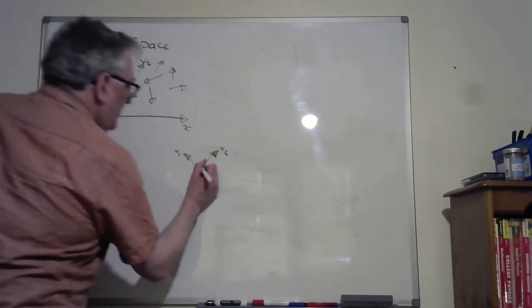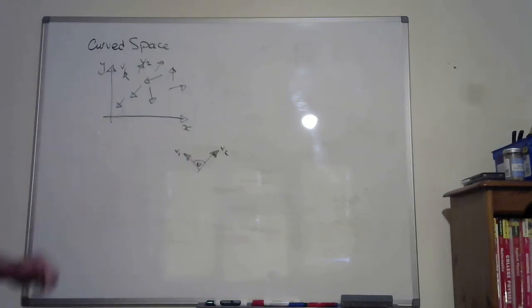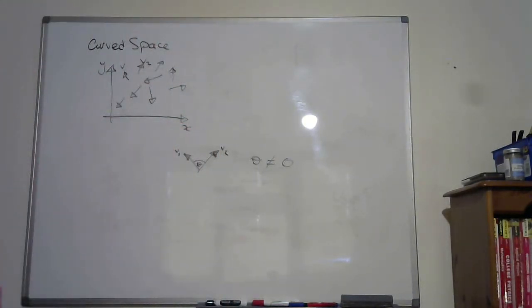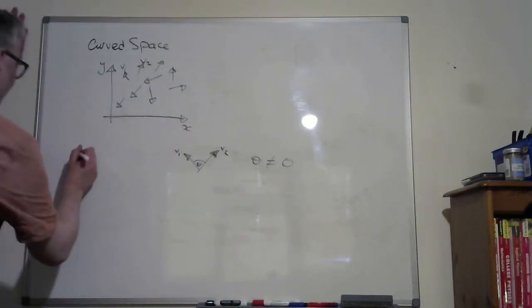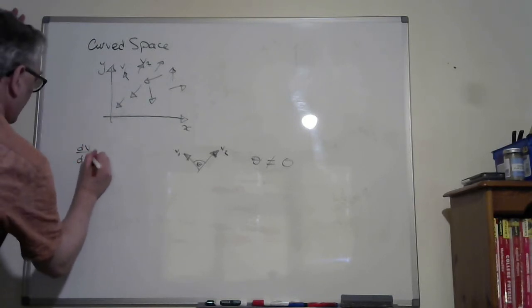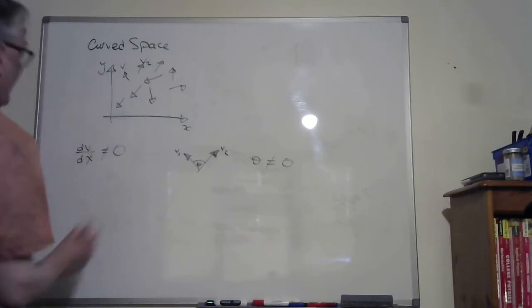We see that the angle theta between these two vectors is not equal to 0. This means that dv by d lambda sub I is similarly not equal to 0.